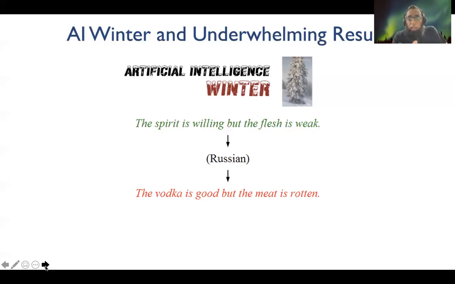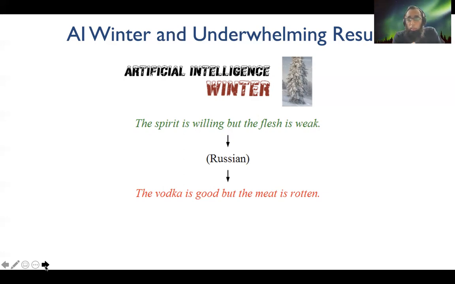However, when it is translated into Russian and then translated back, because the algorithm does not have any real sense of what it is doing, it is only looking for patterns and just matching. At the end of the day, what you saw was something like the vodka is good, but the meat is rotten.